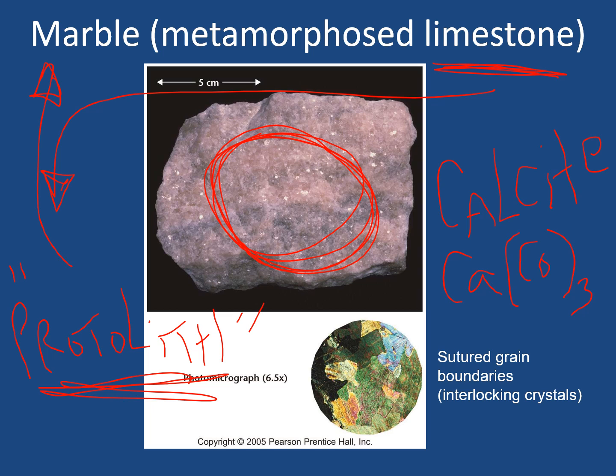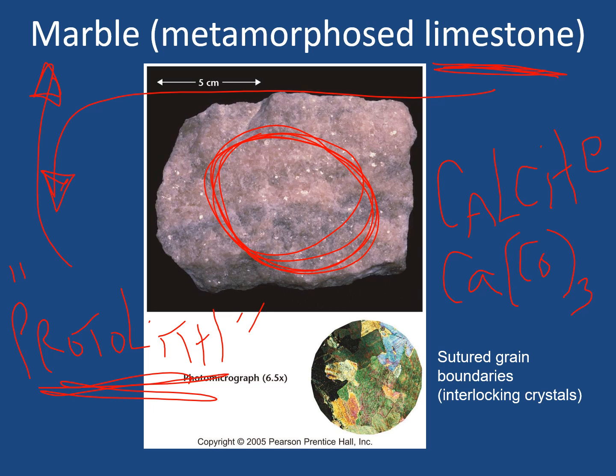If you take limestone, which you know by now is a chemical sedimentary rock, and you subject that limestone to increased pressures and temperatures, it doesn't really change the rock in terms of mineralogy. We don't necessarily see new kinds of minerals growing in the rock that weren't there before.